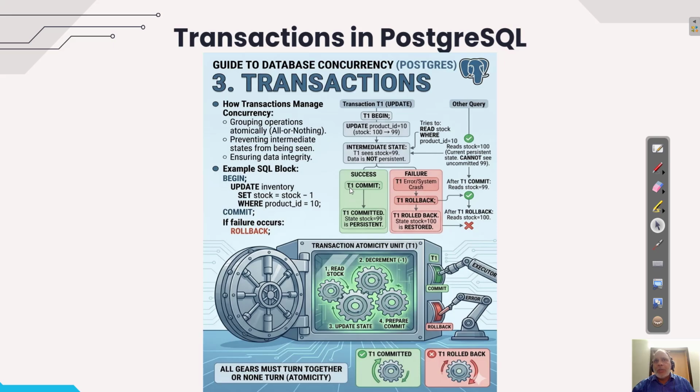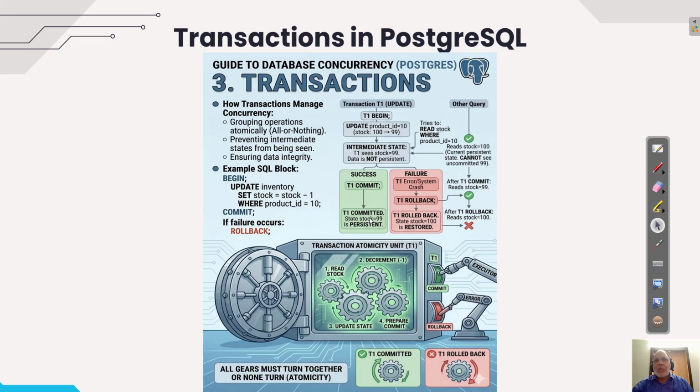When the commit statement is executed and the transaction is successful, this stock of 99 will be persisted in the database. After this commit statement of T1, another transaction T2 will read the data again. Now the stock is equal to 99, and then it will process this.